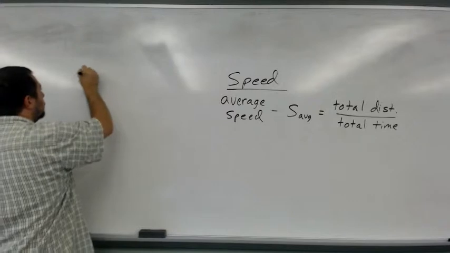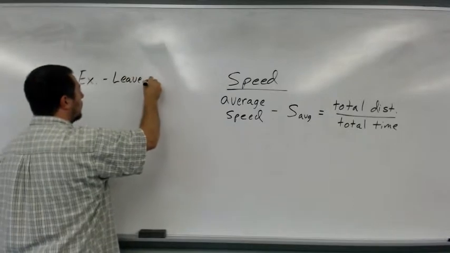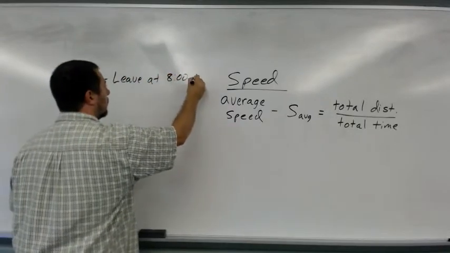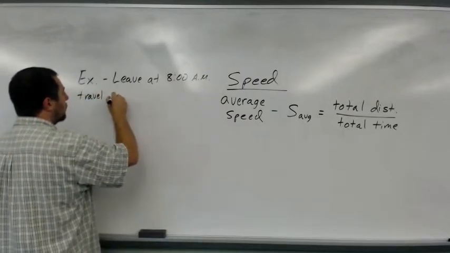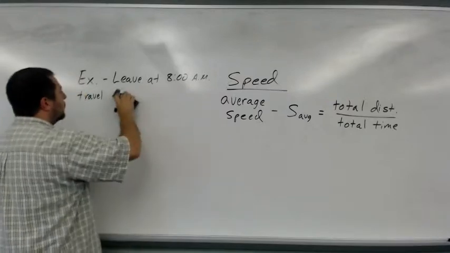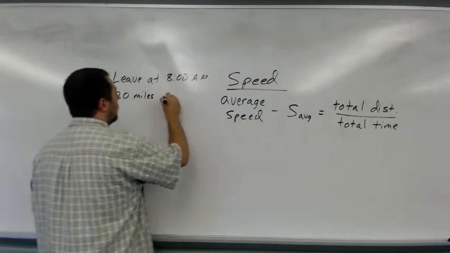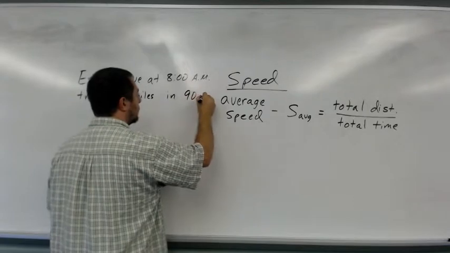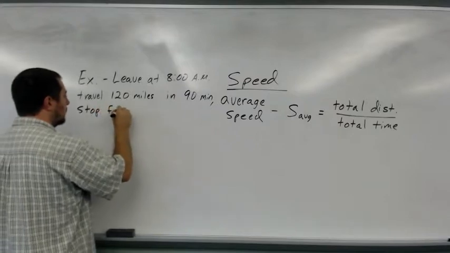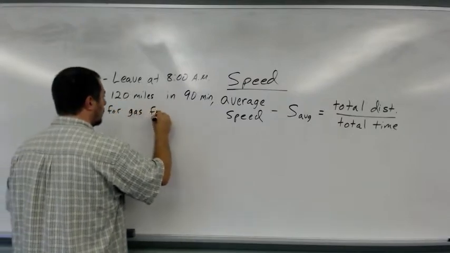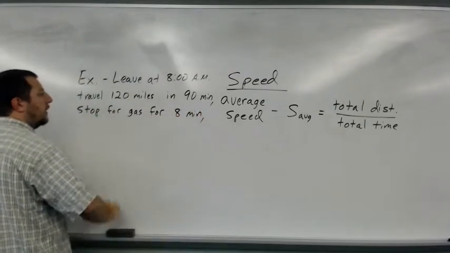So for example, let's say you leave your house at 8 o'clock and travel 120 miles in 90 minutes, and then stop for gas for 10 minutes.